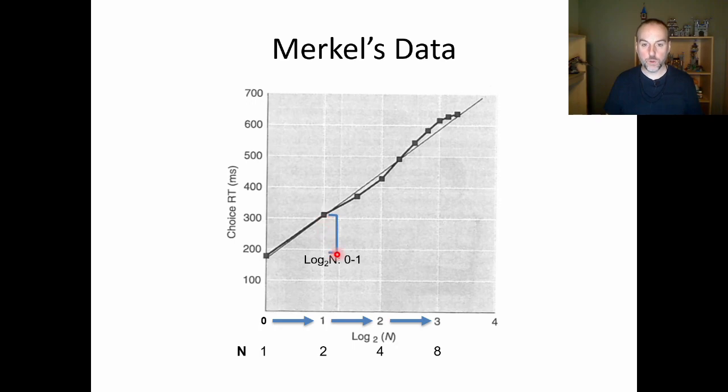We have to go from 2 to 4. And you can see we have about the same increase in the slope here. From 1 to 2 goes up 130, from 2 to 4, 130. And then again, if we want to see another increase of 130, we have to double the stimulus response alternatives, this time from 4 to 8.